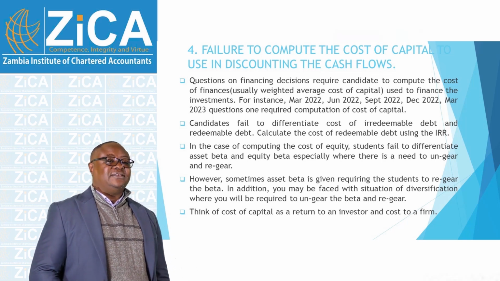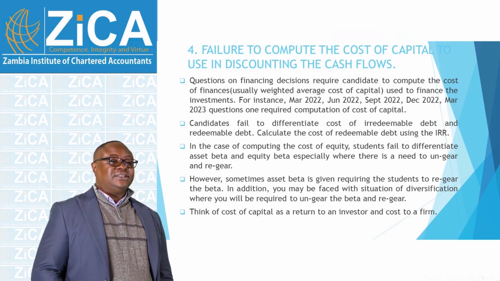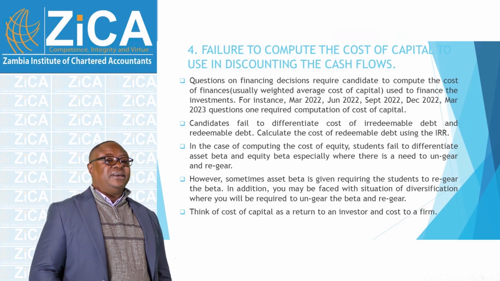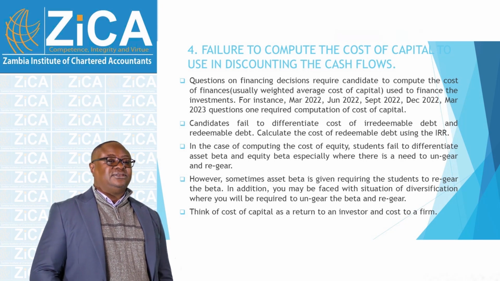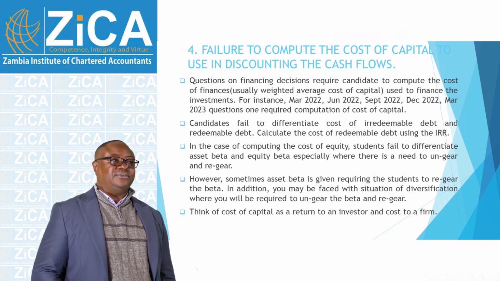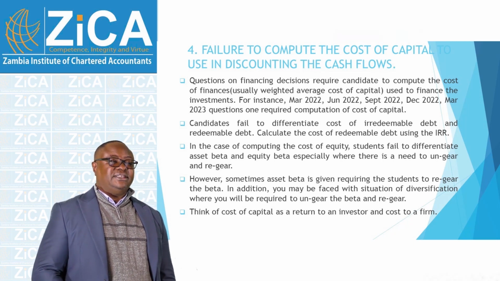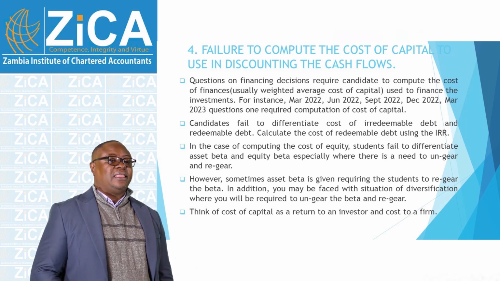So you find that the financing of the business is done in two ways. One, you may use equity, which is basically issuing shares, or you may use debt, which you use this debt instrument to raise the finances to fund the business or the project, whatever investment that you are making.